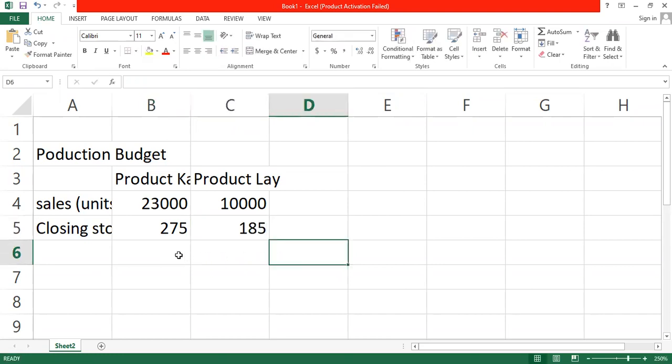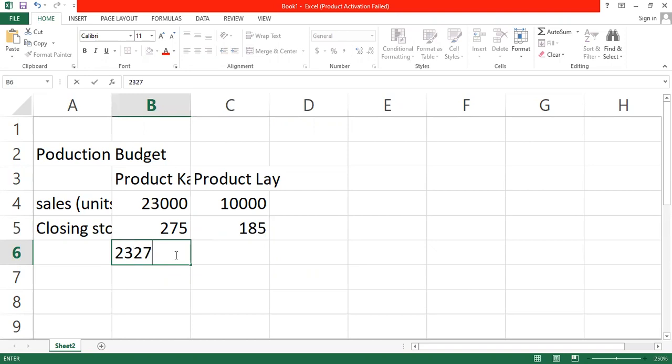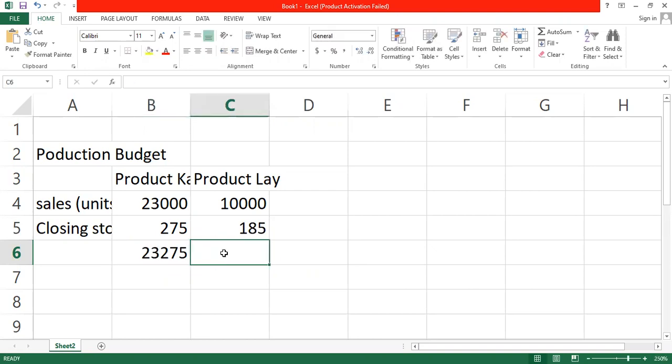So we want to sell 23,000 and still have 275 left. So how many units do we have to produce? 23,275, and for L, 10,185.